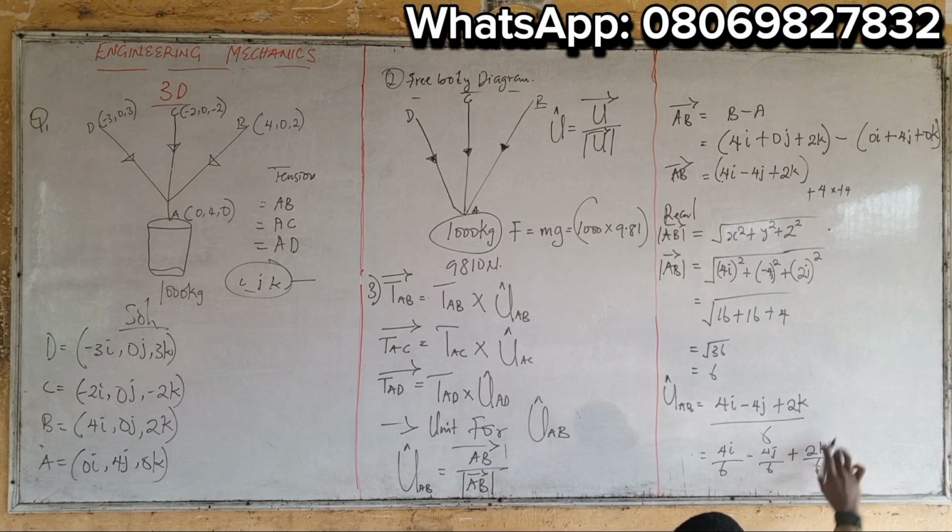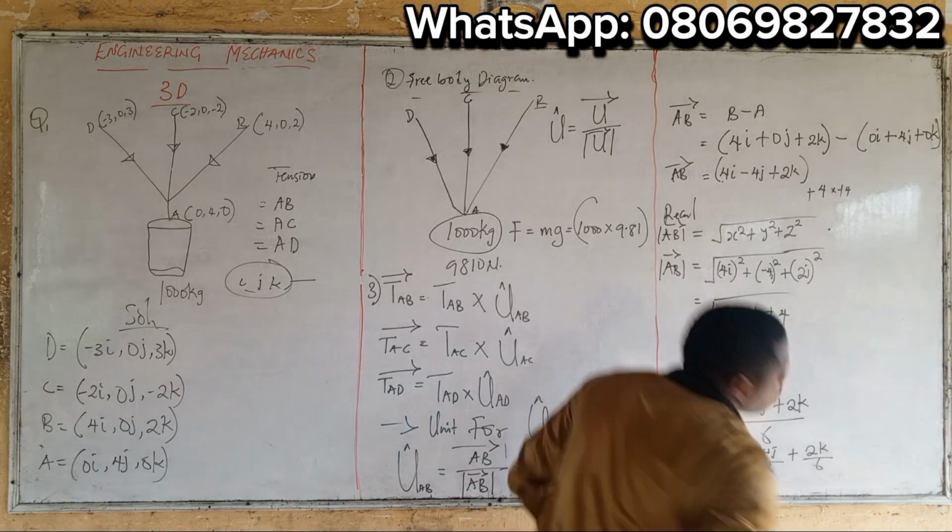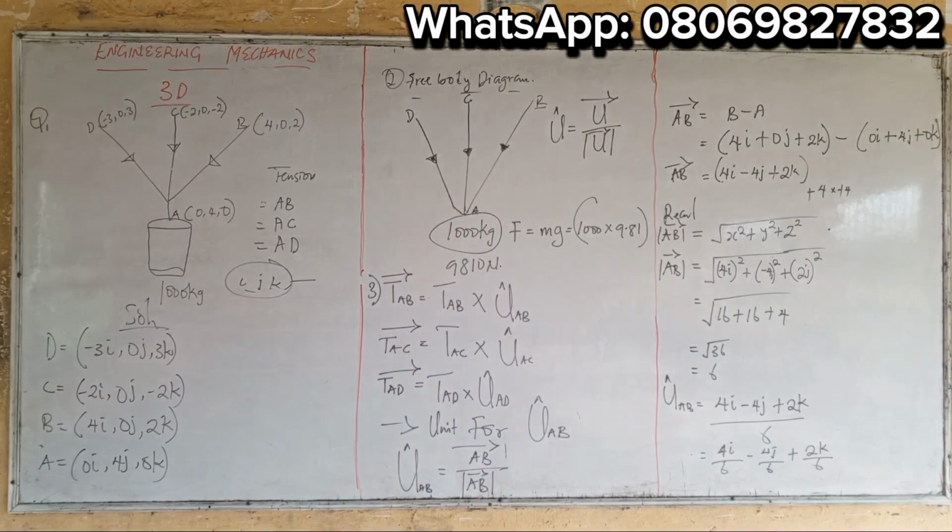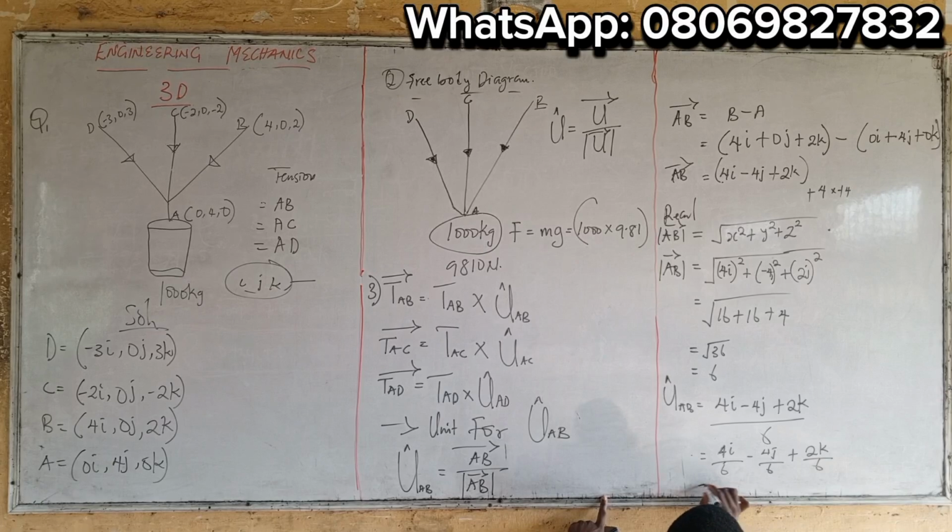If you punch this with your calculator, 4 divided by 6 gives you 0.667, and let's leave it in 3 decimals.